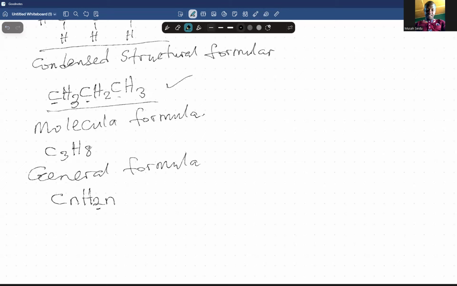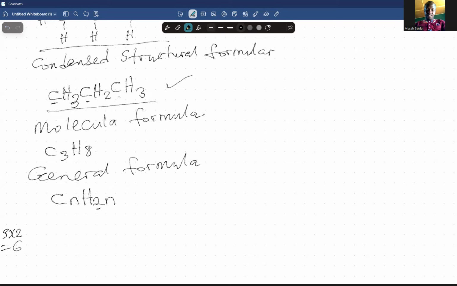If not, what do I do to that number to get the number that I have? I have three carbons, so if I multiply 3 times 2, I get 6.